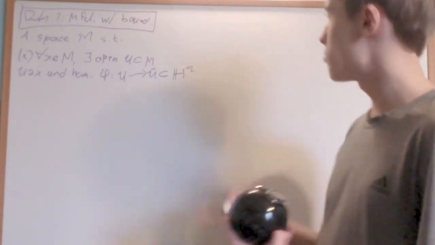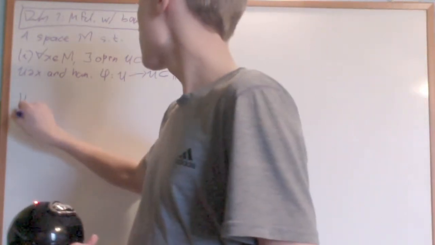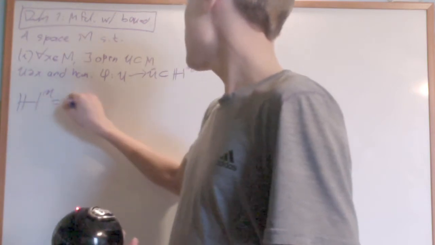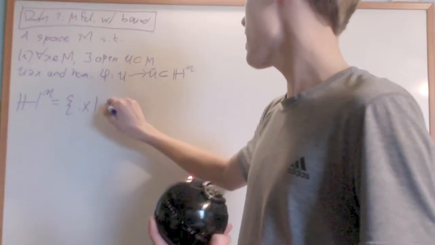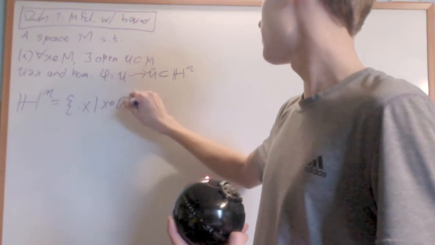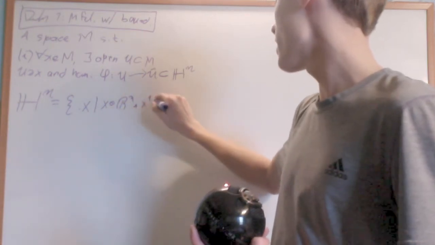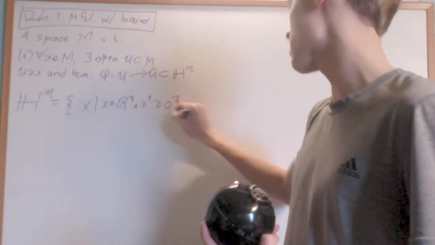Now the half plane right here is going to be the set of x such that x is in Rn and x1 is bigger than or equal to 0.